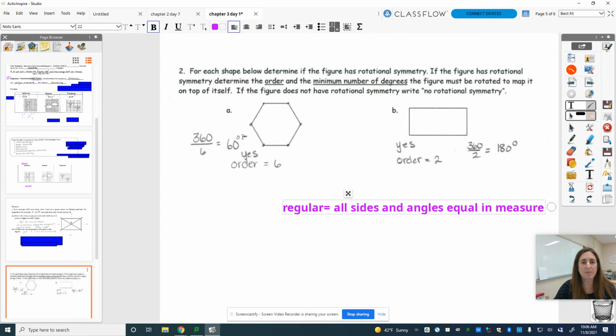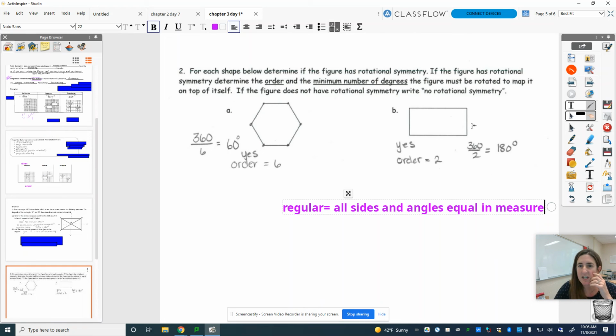Right, so this shape is regular. This is a regular hexagon with the 6 sides. If I take 360, divide it by 6, because the order is 6, it has the 6 vertices, that gives me 60 degrees. So every 60 degrees, I turn that shape. That is its rotational symmetry.